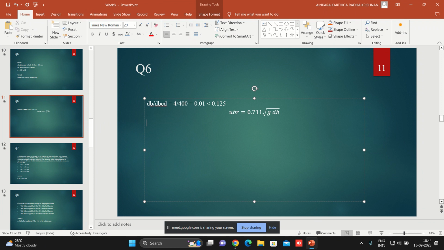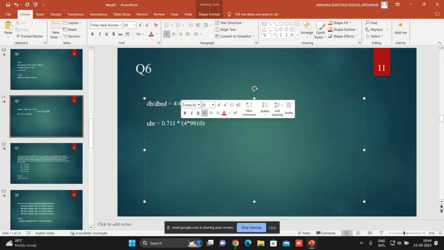So this is the formula. UBR is equal to 0.711 into g dB, that is 981 centimeter per second squared into 4 into 10 power minus 1 centimeter, to the power 0.5.